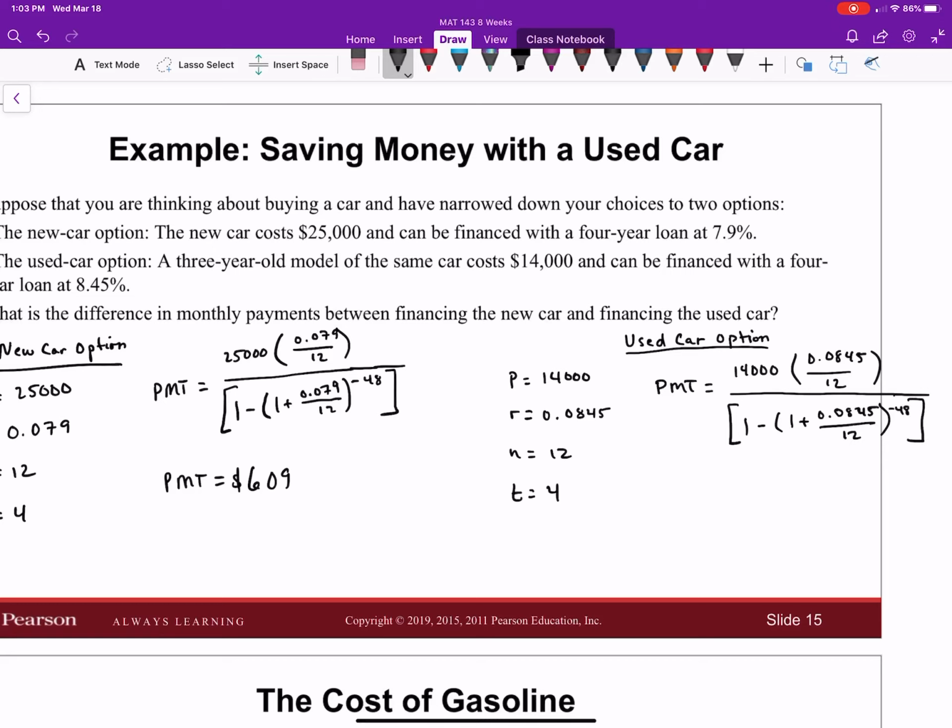Then we close our bracket. So when we put this in the calculator, we get the payment is roughly about $345.